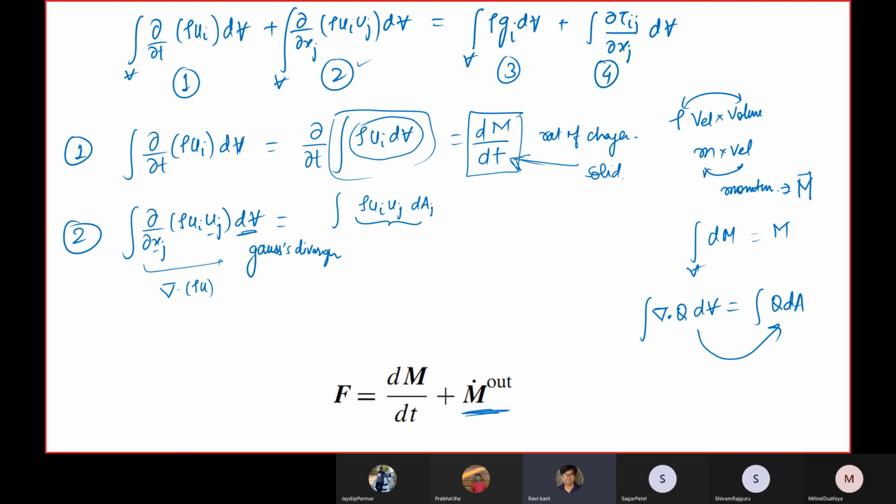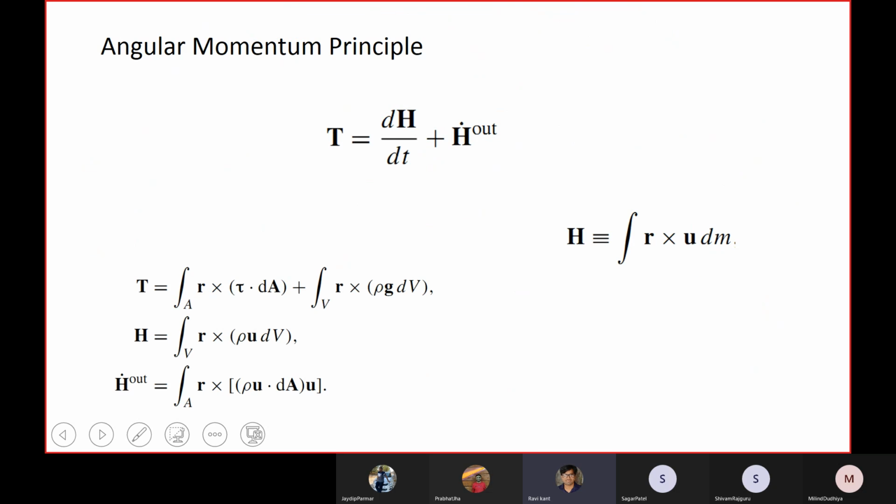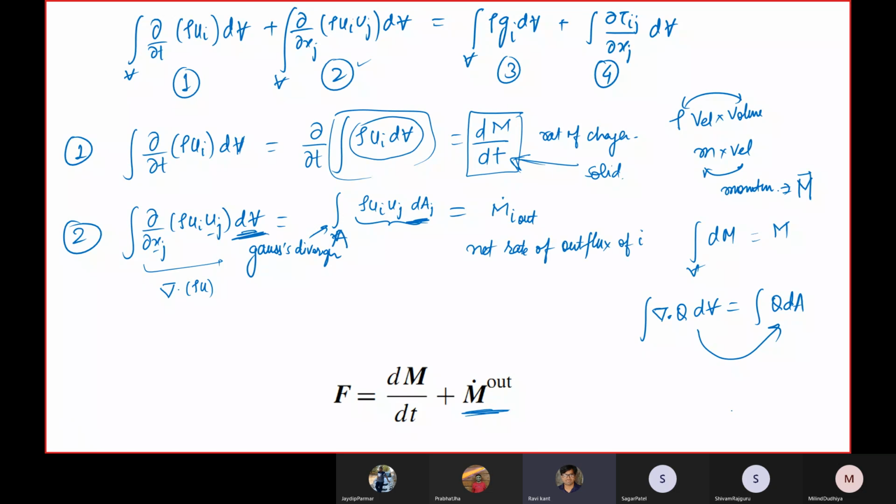This term is integrated over the whole area now. So the divergence theorem converts the volume integral to the surface integral, an area integral, and we call this a new term, M dot ith direction out, which is nothing but the net rate of outflux of ith momentum.